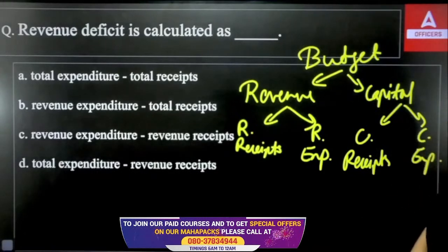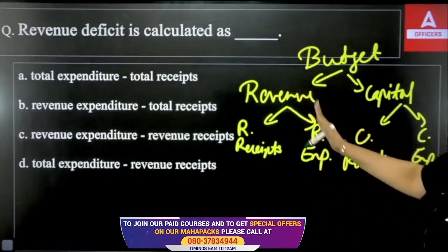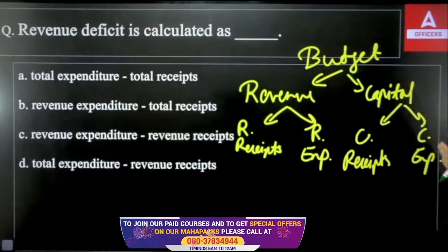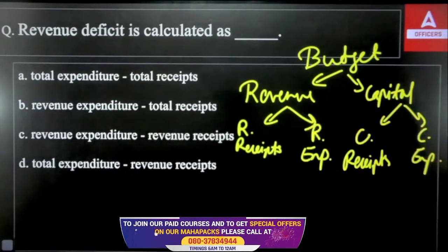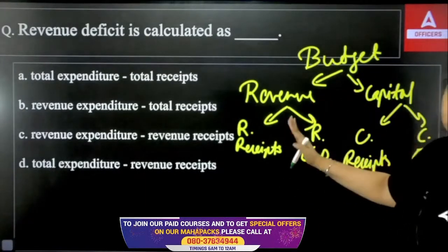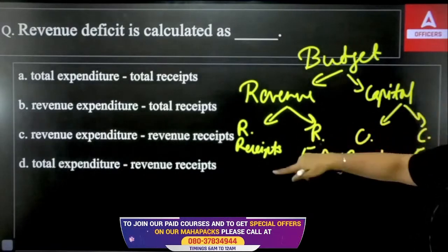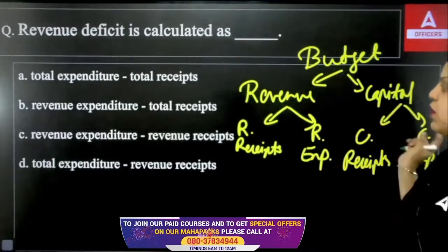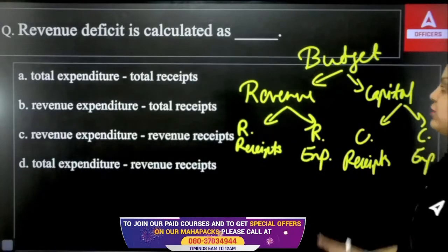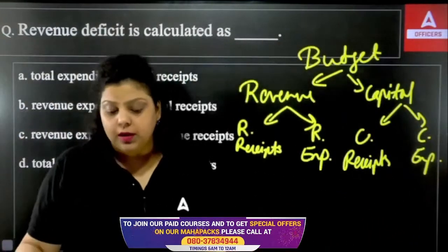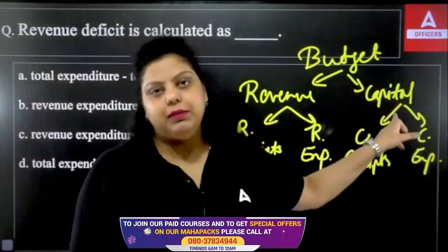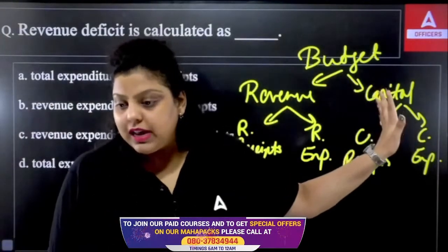So when the overall budget went to the loss, you can say revenue expenditure plus capital expenditure is more than revenue receipts plus capital receipts. It means both the expenditures in revenue and capital are more than the income of revenue and capital. So whenever you calculate the overall budget expenditure or income, you have to cover revenue and capital budget.